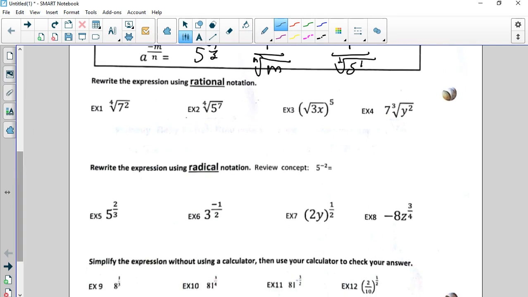Okay, rewrite the expression using rational notation. So remember, this is our denominator, so we're just going to say 7 to the 2/4, which really is the same thing as to the 1/2. Okay, and here we have 5 to the 7/4.